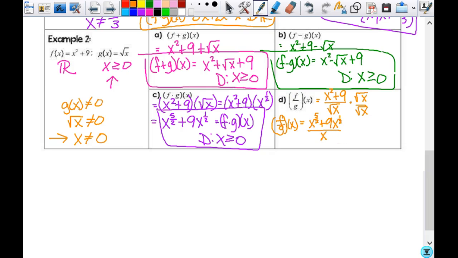X. Okay. And then my domain is going to look like what? Good. X is greater than 0. I lose the equals part of that because I just said that it cannot equal 0. Okay. We okay with that? We don't get to include it anymore because this is an additional restriction. Any questions? All right.